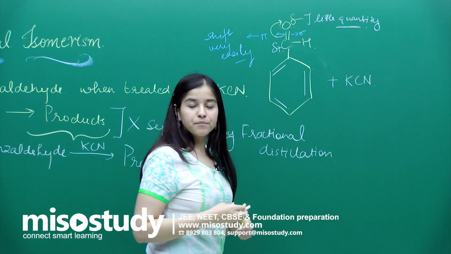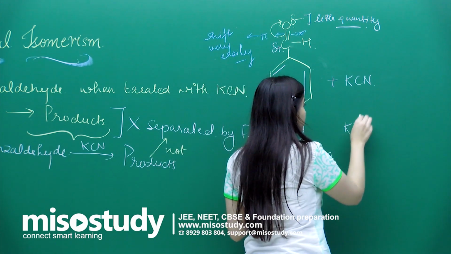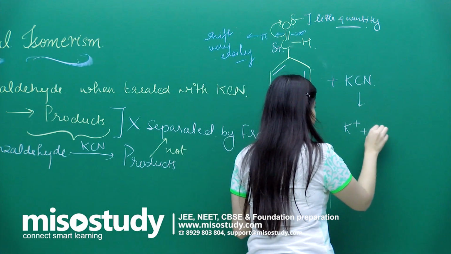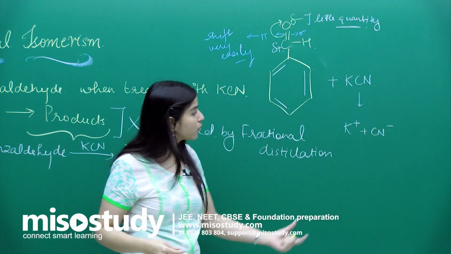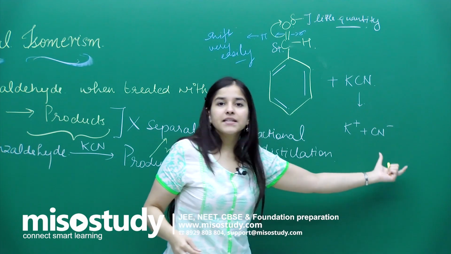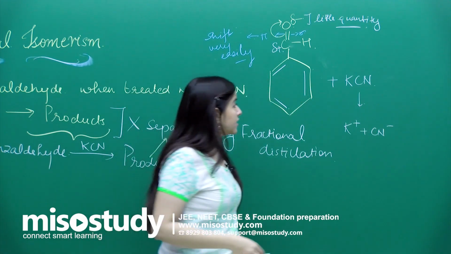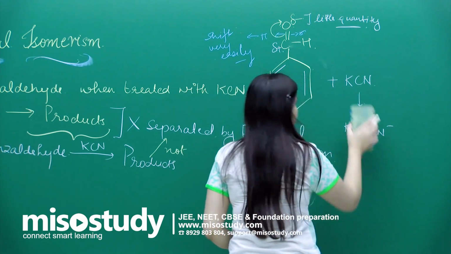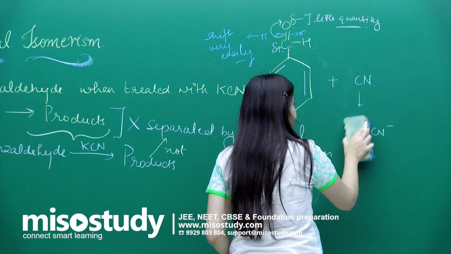This is an ionic compound. You all know what an ionic compound is. It will dissociate into K plus and CN negative. Now, out of K plus and CN negative, which one is going to react? For a simpler version, let me just have HCN instead of KCN.